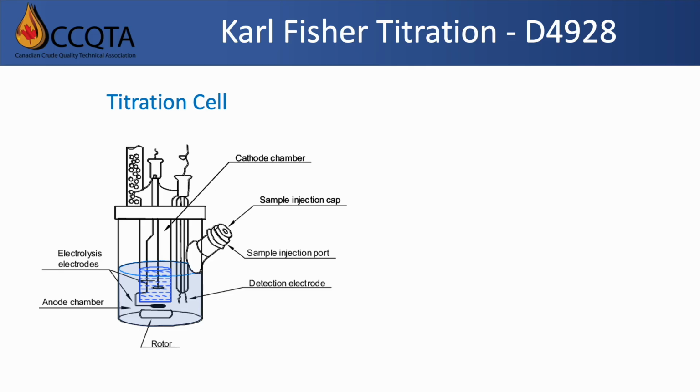The reaction consumes 1 mole of iodine per mole of water, and the titration continues until all the water is reacted. Once an excess of iodine is detected, indicating the endpoint, the instrument calculates the water content based on the total charge passed. The cathode compartment, separated by a diaphragm, contains a conductive catholyte with lithium iodide in methanol to complete the electrical circuit and allow for hydrogen evolution.